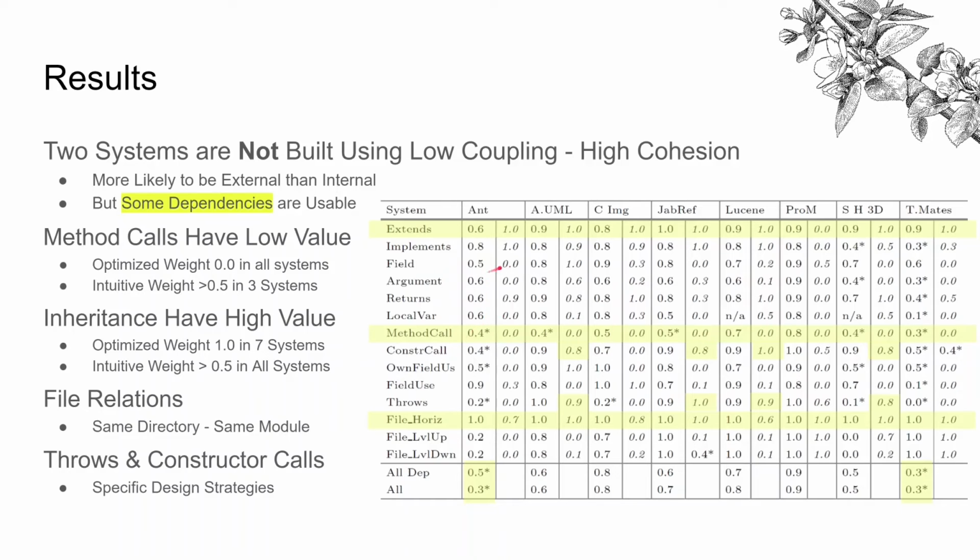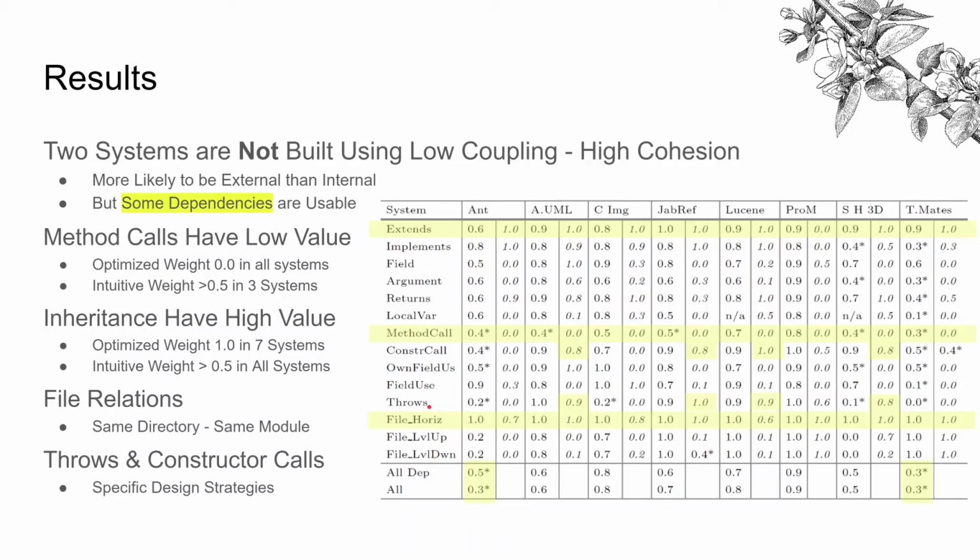Inheritance also seems to have high value in many of the systems. Pro-M is kind of an exception here because it's very well organized physically, so the physical structure of files is highly relevant, so none of the other dependency types are really needed to successfully cluster Pro-M.